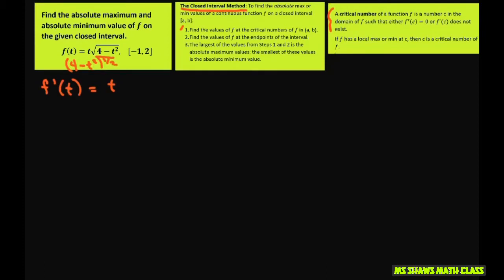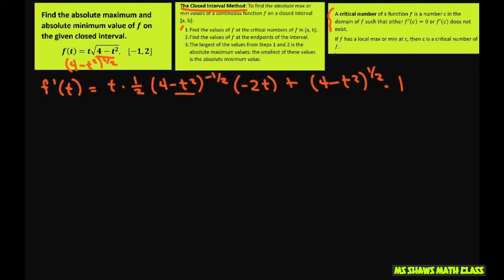When you take the derivative, you're going to get times 1/2, then 4 minus t squared to the -1/2, and then the inner part is -2t. Then plus, you copy down the second term, which is 4 minus t squared to the 1/2 power times the derivative of t, which is just 1.